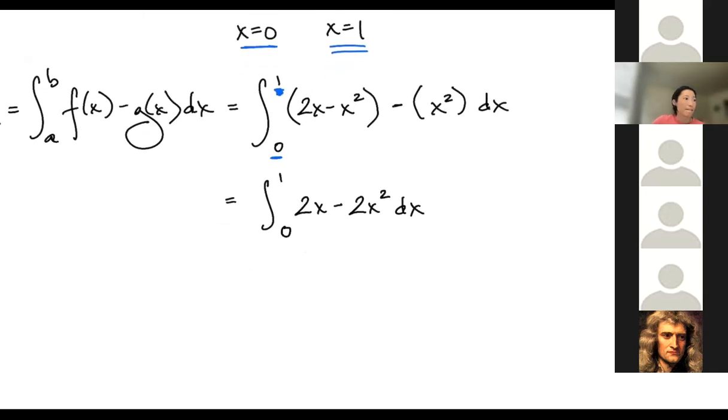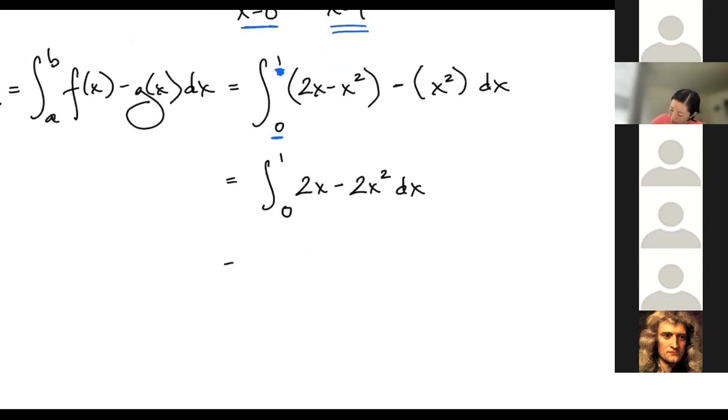All right. Now let's go ahead and find that antiderivative. What do we get when we find the antiderivative of 2x? And what do we get when we take the antiderivative of negative 2x squared? So let's do those computations and then throw those into the chat.